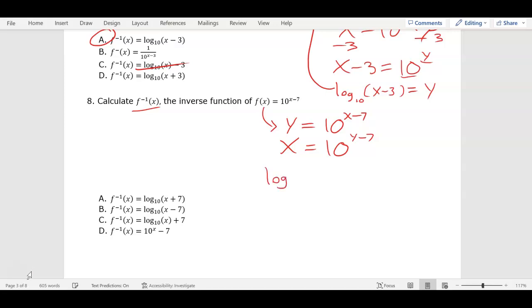Log, and what's my base of the exponent? 10. Of, what does that equal on the other side? X. And that's going to equal the exponent, y minus 7. Cool. Now, your next step, to get y by itself, you get rid of that minus 7 by adding 7, which is going to go after the log sign.